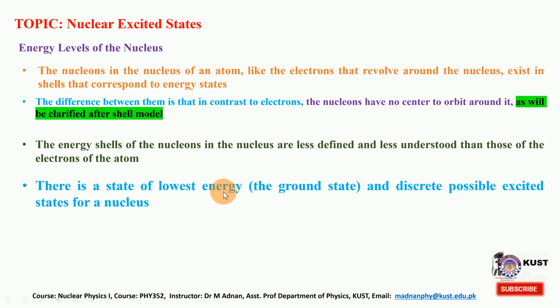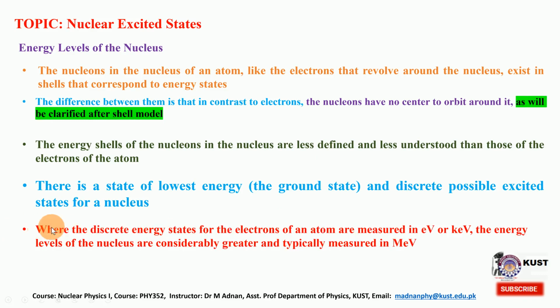There is a state of lowest energy, the ground state, and discrete possible excited states of the nucleus, as we have discussed in a similar way for the atomic energy levels. So the nucleus also has the concept of ground state and excited state.